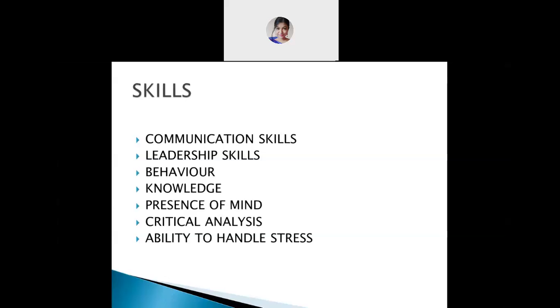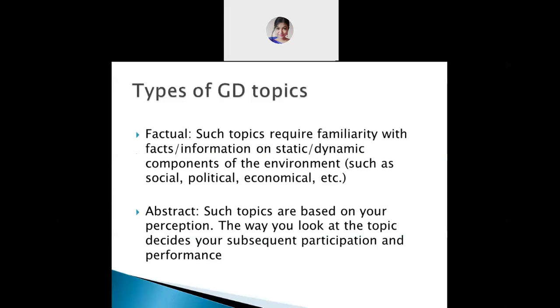So there has to be some kind of conclusion. ठीक है, कुछ तो कंक्लूजन होना बहुत ही जरूरी है. You must be able to wrap up the topic and conclude the topic. So time management भी बहुत ही जरूरी है. So these are some of the skills, and the candidates are evaluated on the basis of these skills.